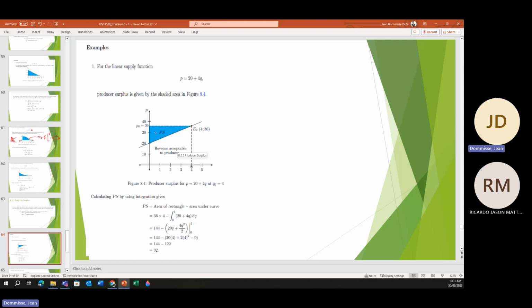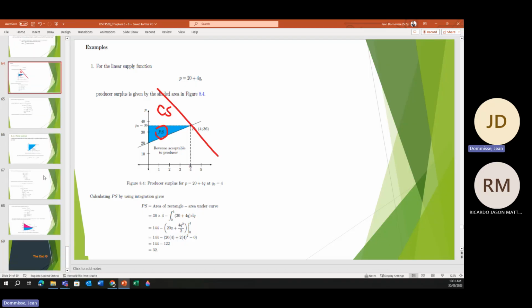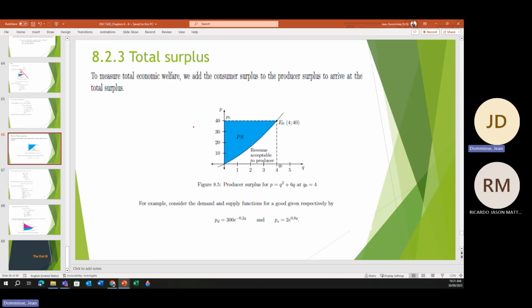So when we look at producer surplus, remember there was that line, so that would have been your consumer surplus, that was your producer surplus. We will follow the same process with your producer surplus.